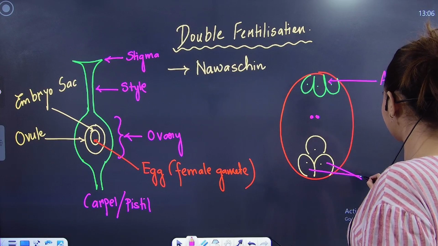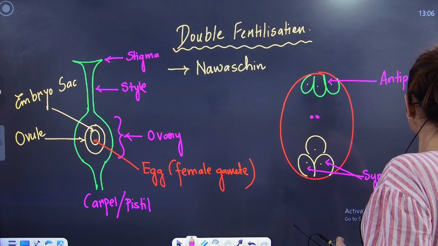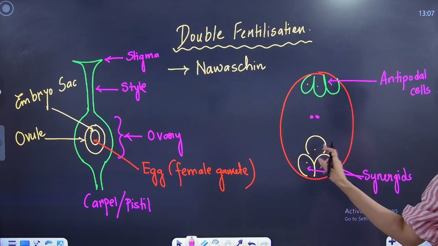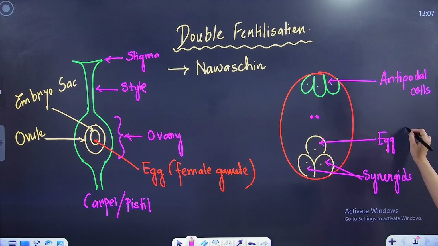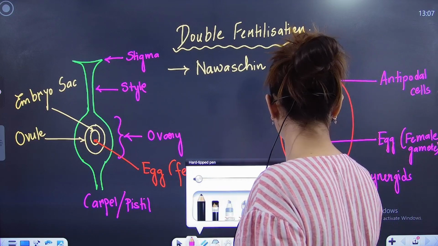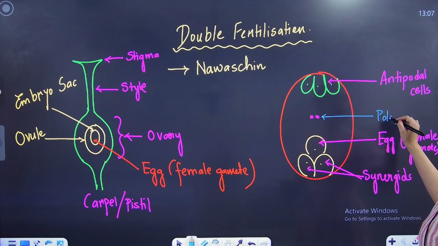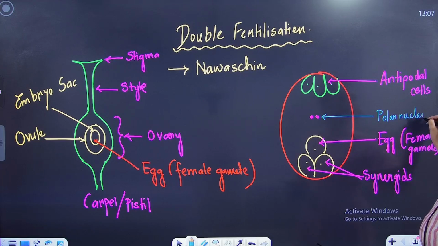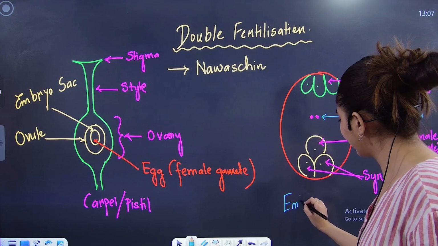These two cells are known as the synergids. This one is our female gamete, that is the egg cell. And these two nuclei are called polar nuclei. So this is the structure of a typical embryo sac.